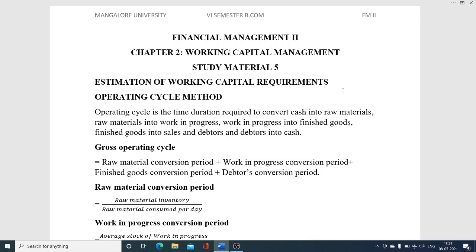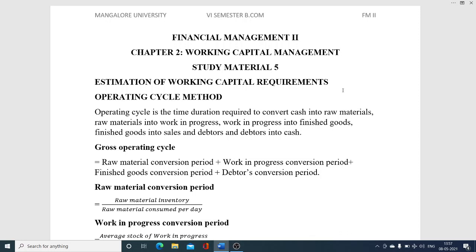We know that the operating cycle is the time duration required to convert cash into raw materials, into work in progress, into finished goods, into sales and debtors, and finally debtors into cash. Using the gross operating cycle and the net operating cycle, we will be able to estimate the working capital requirements.